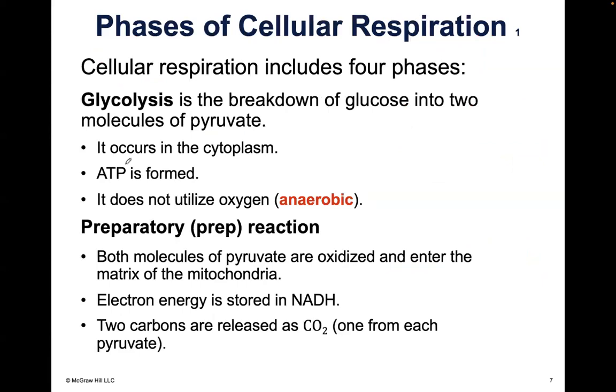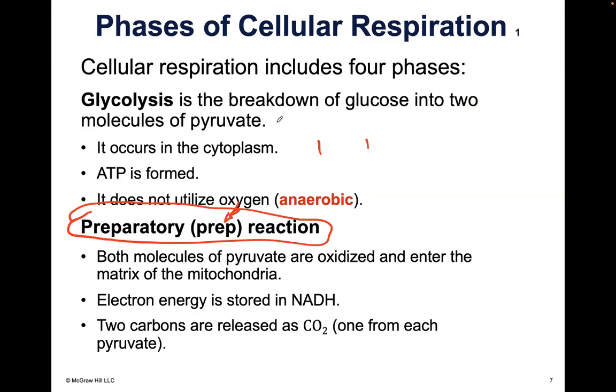In some textbooks, you have 3 phases, because most textbooks will not put the preparatory stage. So if you have questions in the quiz or exams with 3 steps, you should know this one is removed from it. But if you have 4 steps, you should know this is the second step.